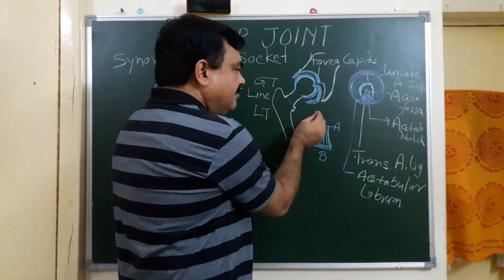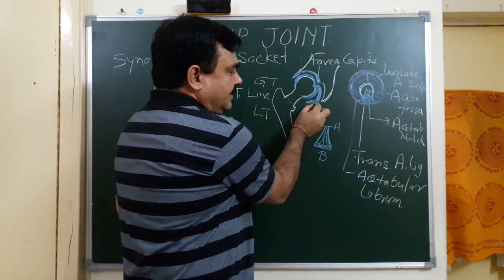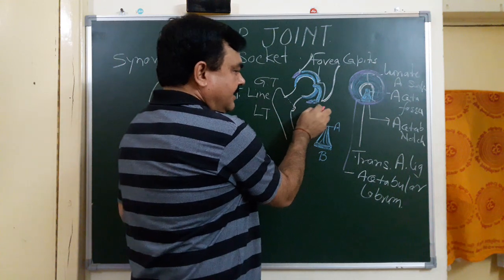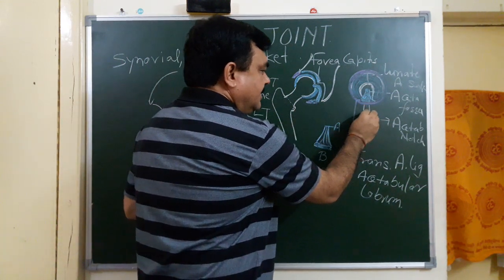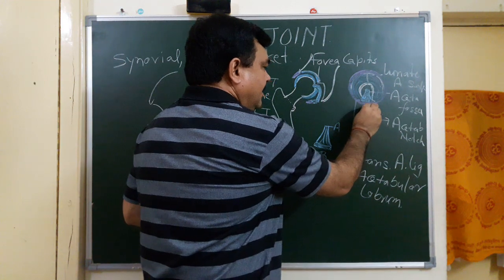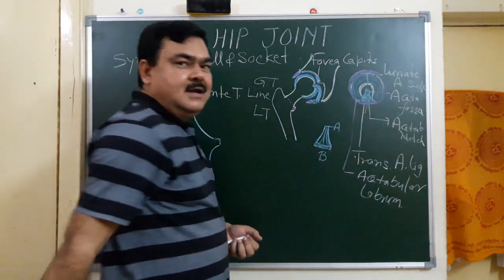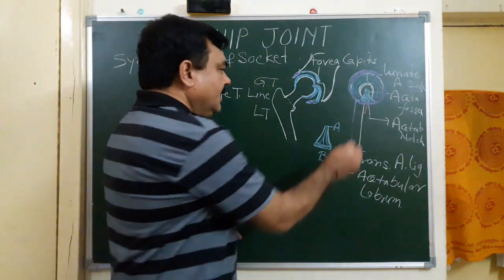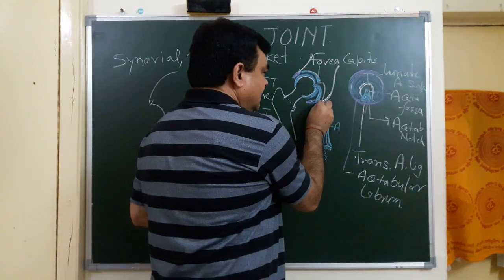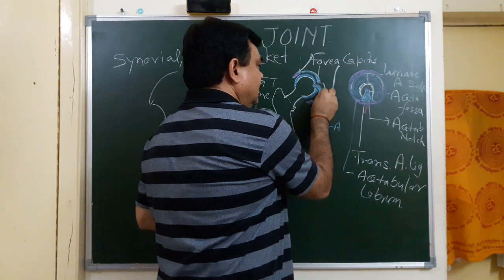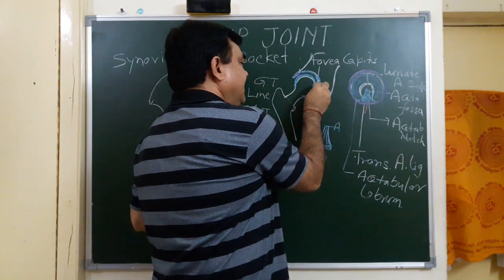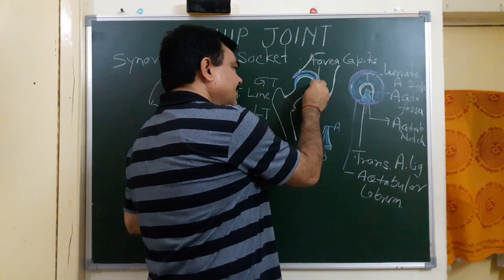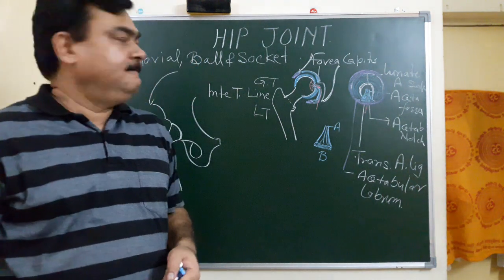And the structures that pass here deep to the transverse acetabular ligament are the acetabular artery, vein and nerve. It passes through this ligament and supplies about one-fifth of the head.